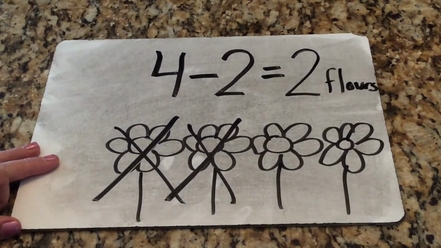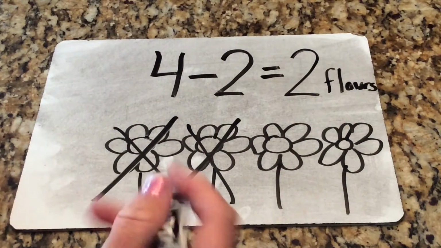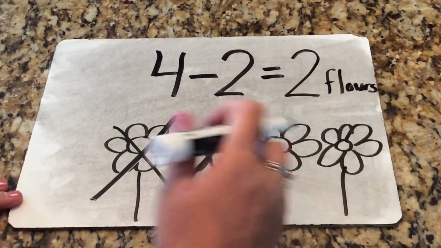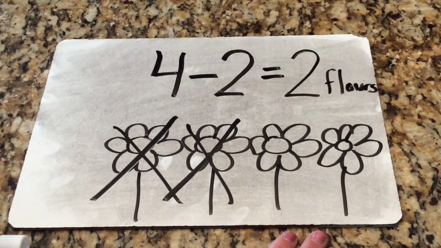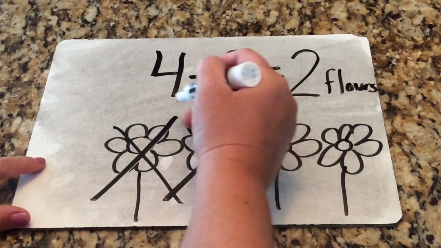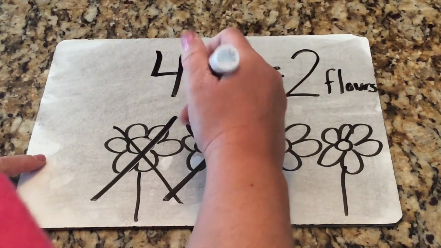2. I don't know if I'm going to have room to write this. 2 flowers. Whenever there's a story problem, they want you to tell what that number is talking about. And in this story problem, we were talking about flowers. Here, I'll write it a little bit bigger below since my board ran out of room here.